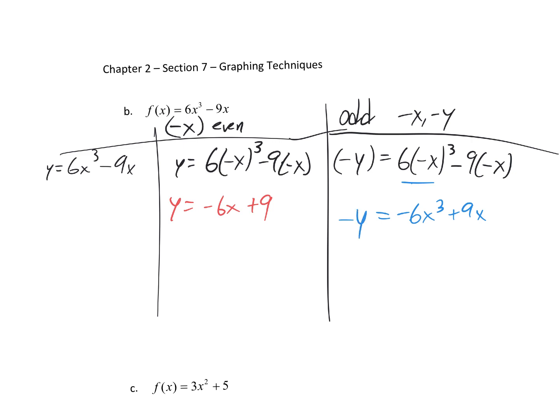And when I flip all my signs back, you're going to see, oh, look, this actually turns back into the original equation. Okay, and so you'll discover that this is in fact an odd function. Okay, and remember, odd just means that you have origin symmetry. Odd is a descriptor for the function, while origin symmetry is a descriptor of what kind of symmetry your graph would have.